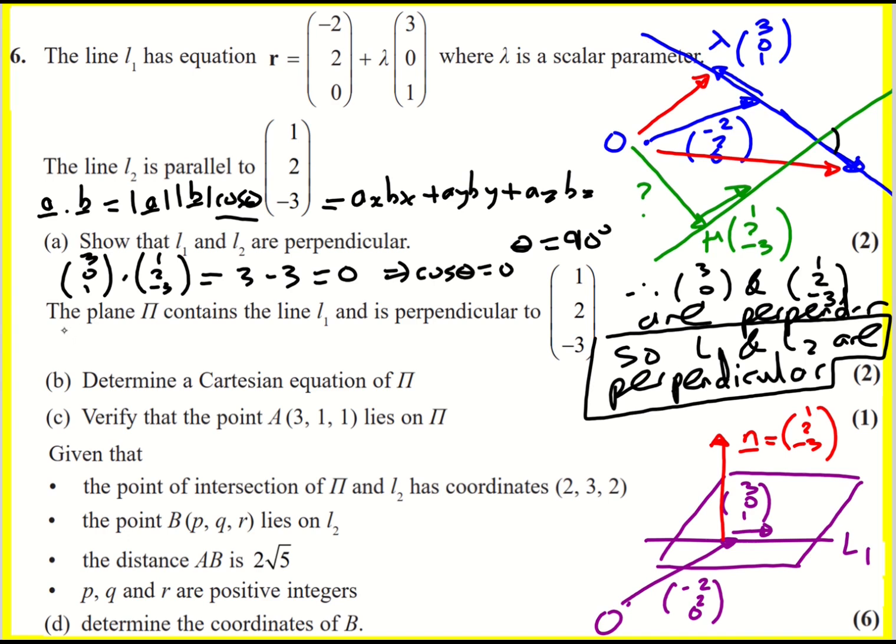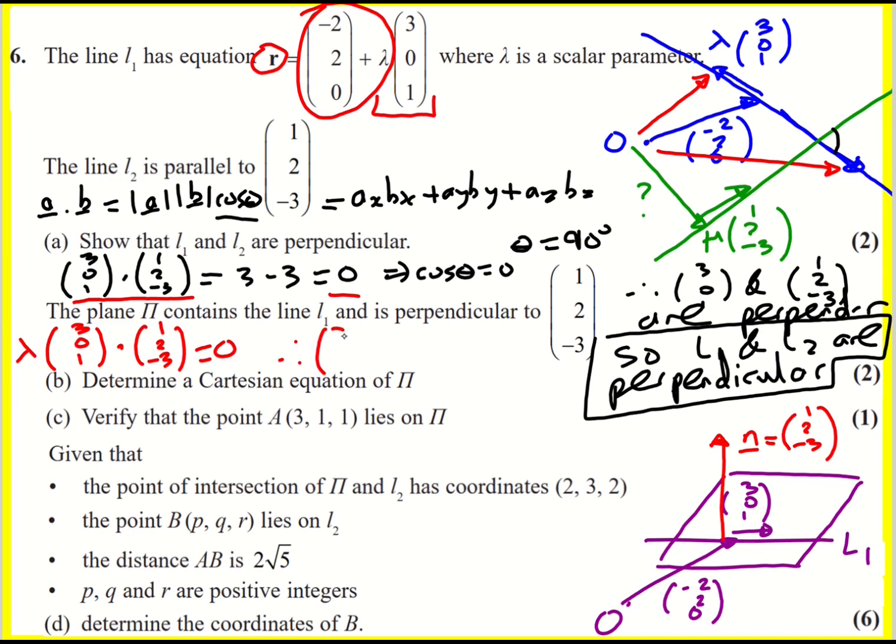So we know from before that, well, we know that this is the case, and therefore lambda times 3, 0, 1 dotted with 1, 2, minus 3 is also 0. But what I can do now is replace this by r minus -2, 2, 0. So therefore x, y, z minus -2, 2, 0 dotted with 1, 2, minus 3 is equal to 0.